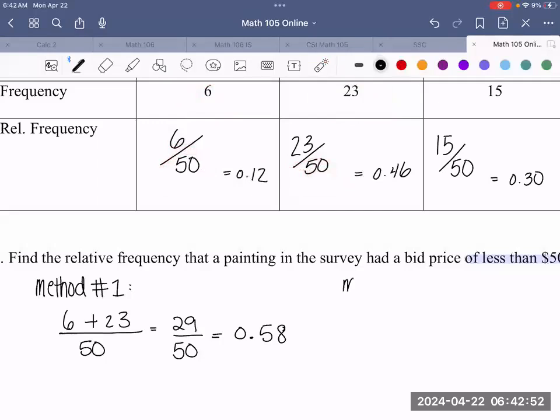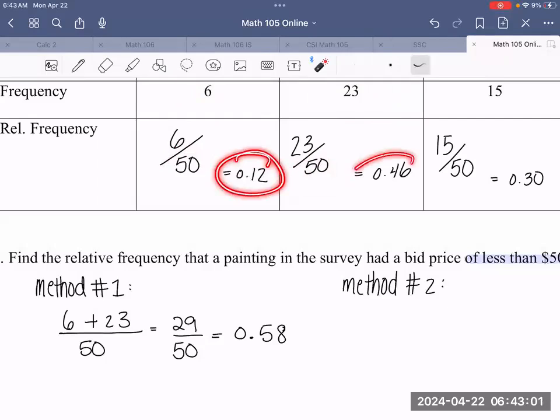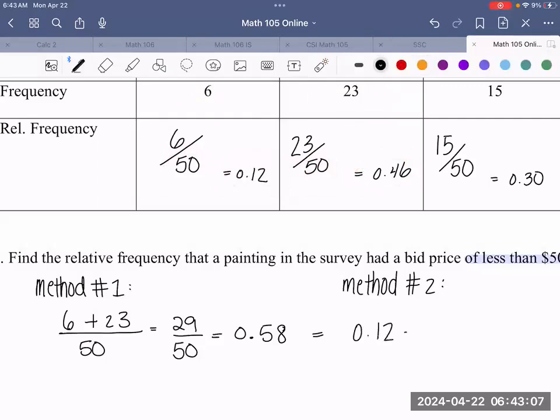Or you could do method 2, where you actually take your end result from your distribution table, those probabilities, and you actually add them up. So 0.12, 0.46, adding them up will get you to the same exact result. Now, it doesn't matter which one you choose, you just pick a method and you get very, very good at it.